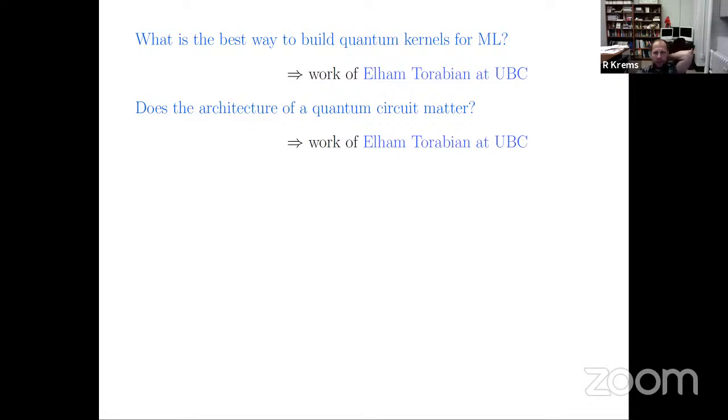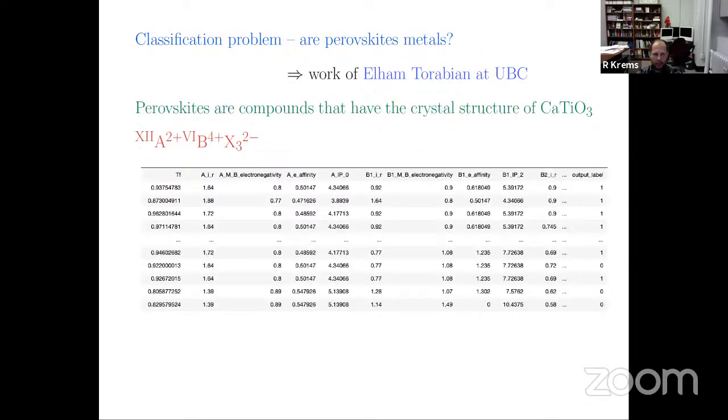Another student of mine, Elham, is looking at how best to build quantum kernels, and she's working on classification problems. The examples I'm going to show you are for this particular classification problem: perovskites, which are compounds that have this crystal structure.